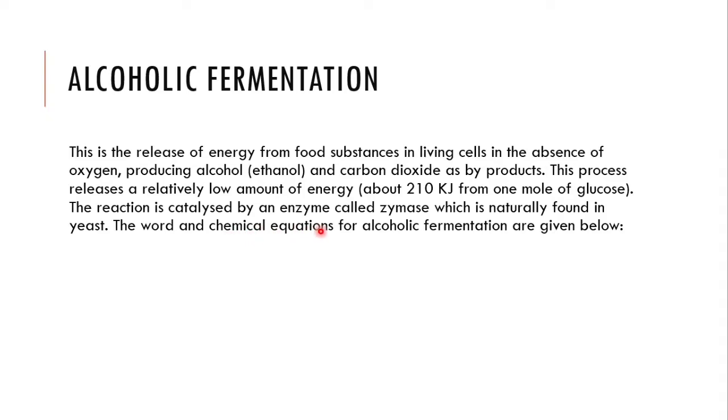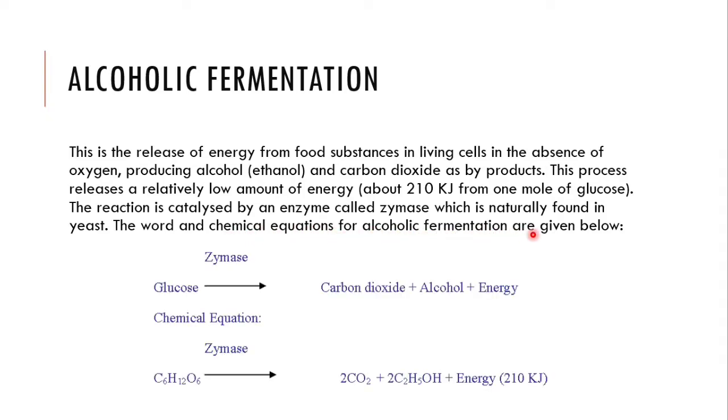The word and chemical equations for alcoholic fermentation are given below. You see here it is glucose only, no oxygen, because this is happening in the absence. You see zymase, so this is a catalyzed reaction. When you hear the word catalyzed, what does that mean?